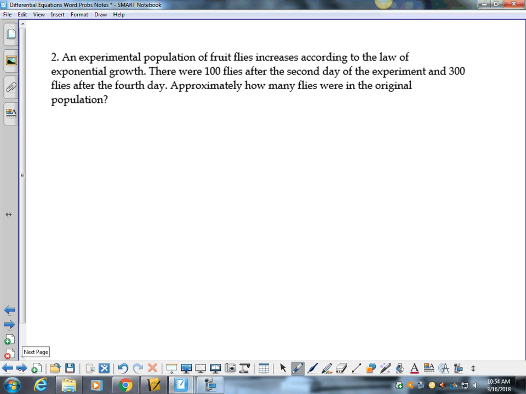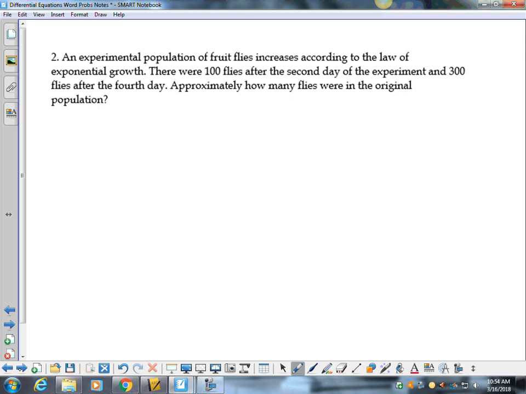We got fruit flies. An experimental population of fruit flies increases according to the law of exponential growth. Underline the words exponential growth because that's how you know what formula you are.